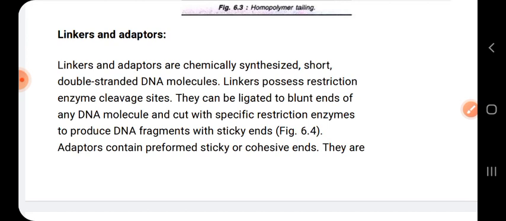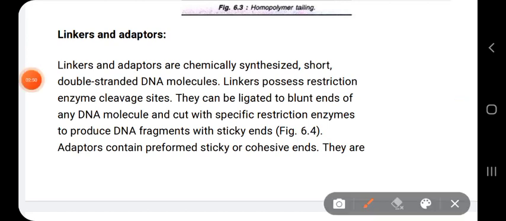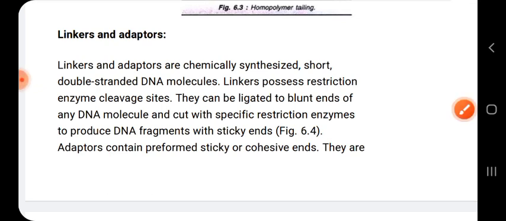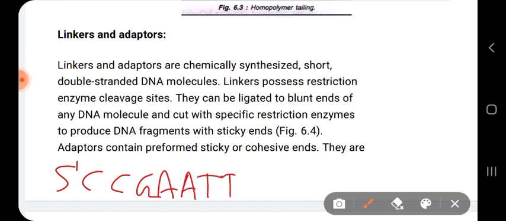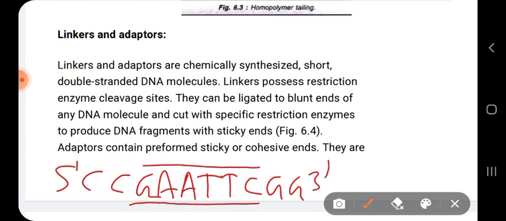For example, if there is a linker 5 prime CCGGAATTCCGG, you can see the GAATTC within the linker.